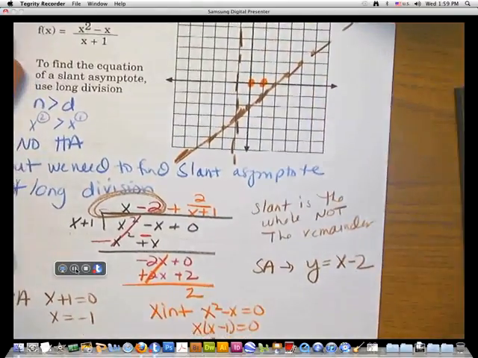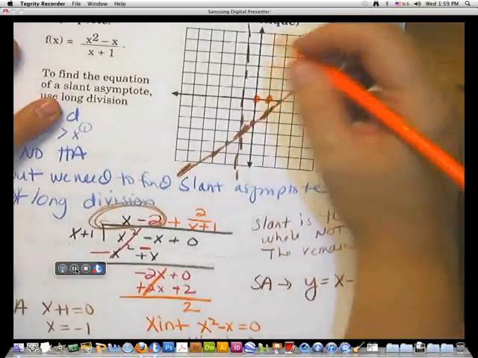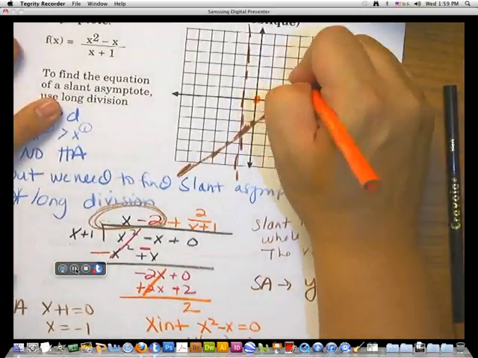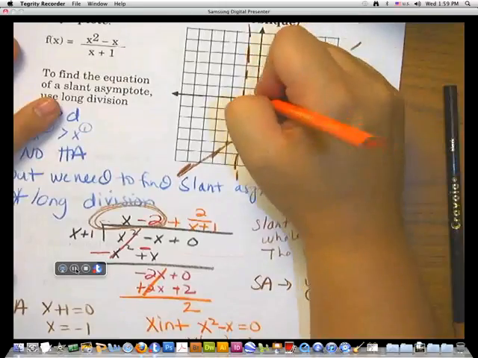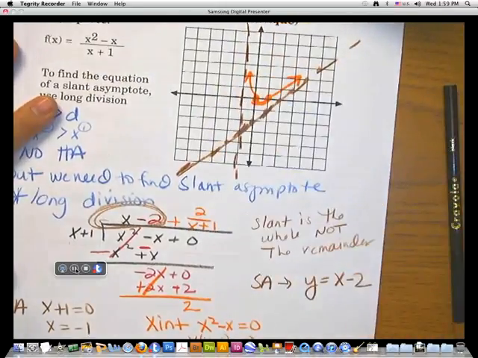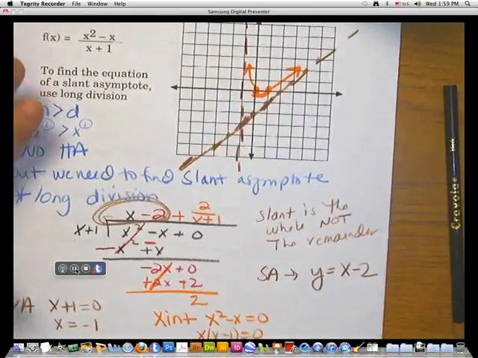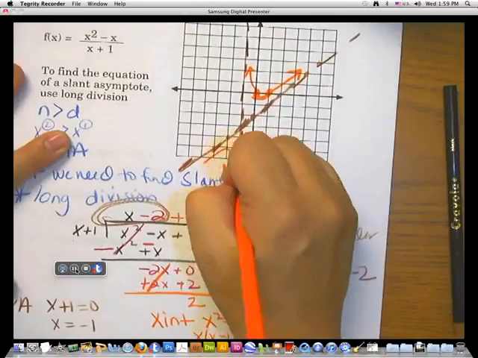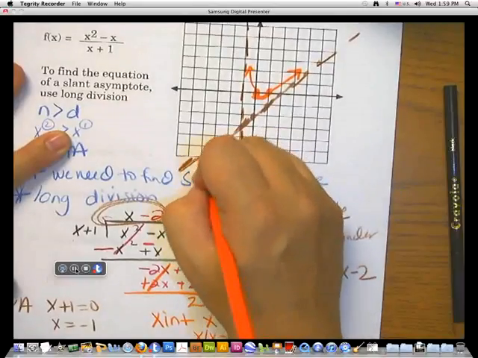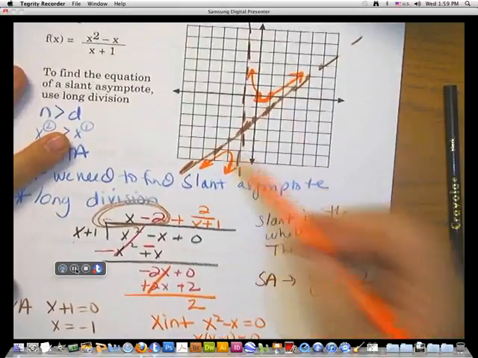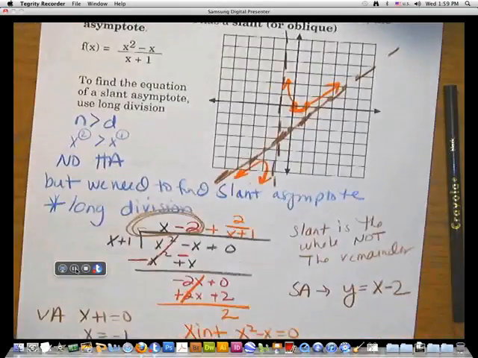And then we need to pick some other points. But again, there's only one way you can approach these asymptotes. The asymptote is going to approach here and here, so that means it somehow had to cross the x-axis down there. And again, they're going to be diagonally from each other, so it's going to be some kind of loop down there. They're going to be across from each other.